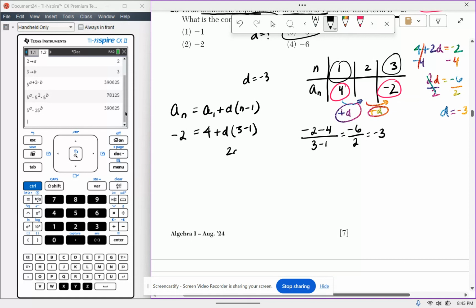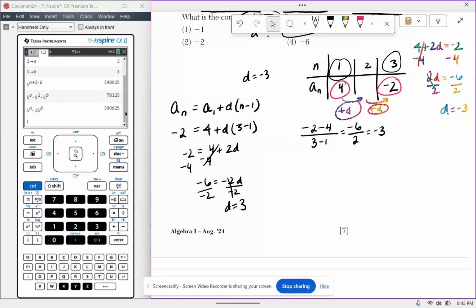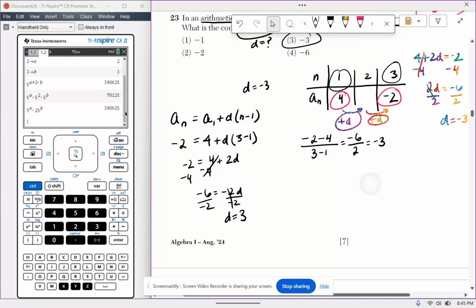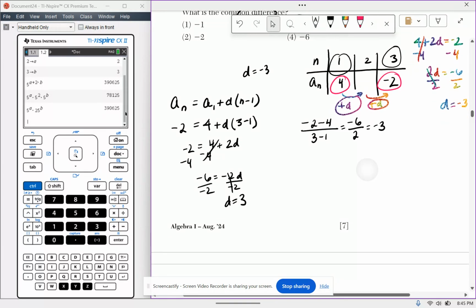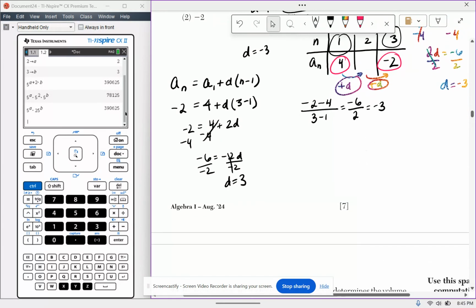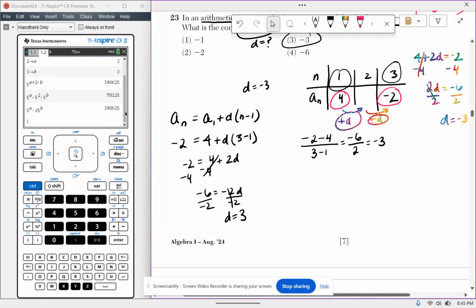So now we get 2d plus 4 equals negative 2. Negative 6 equals negative 2. D is 3. Wait, why is it negative? That one should be positive. Wait, what's going on here?